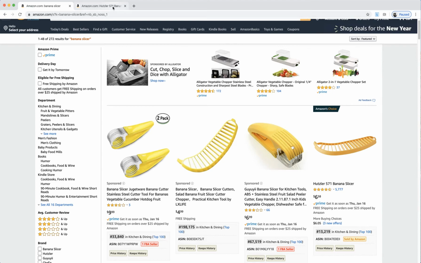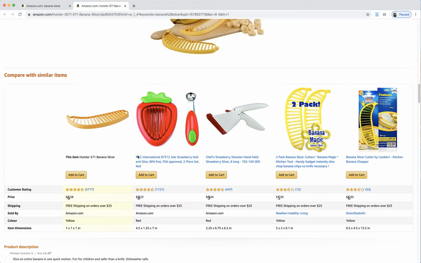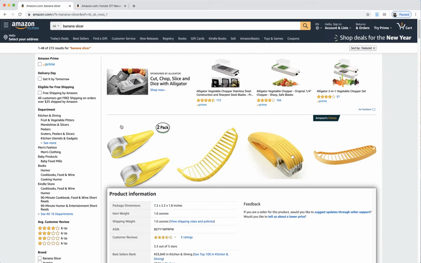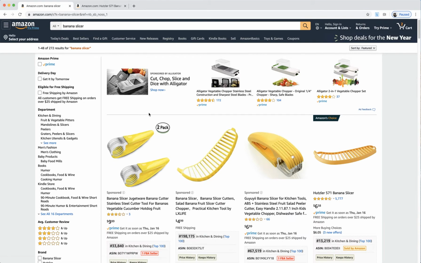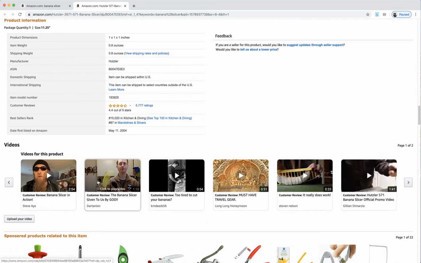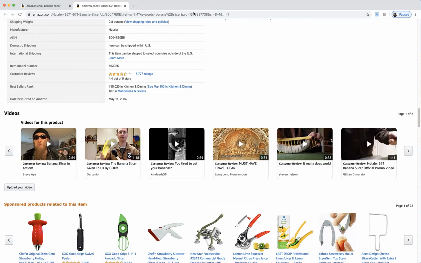So if you do product targeting and you target this product, you could still show up for a keyword like banana slicer, and vice versa. If you type just banana slicer and you only want to show up here, you also end up showing up over here. Now I'm going to talk to you about how placements can help you change that.